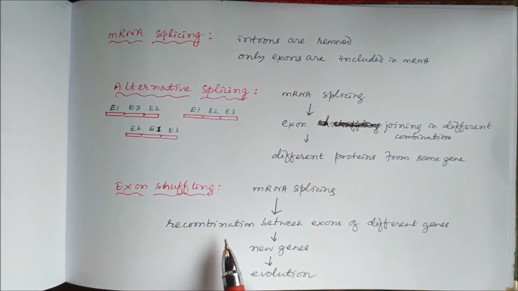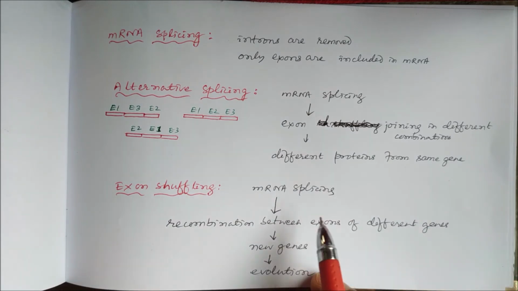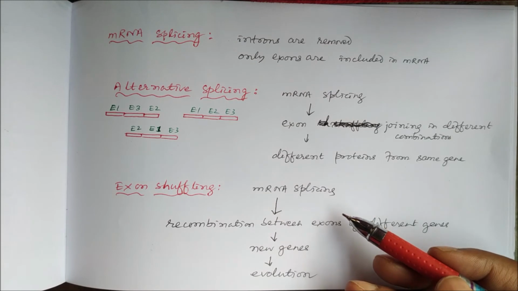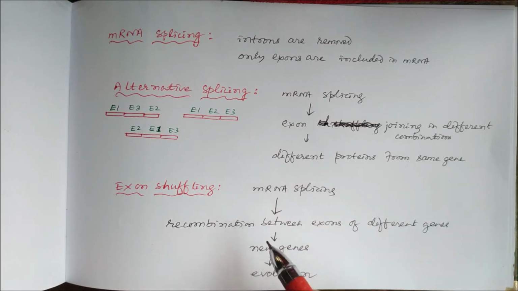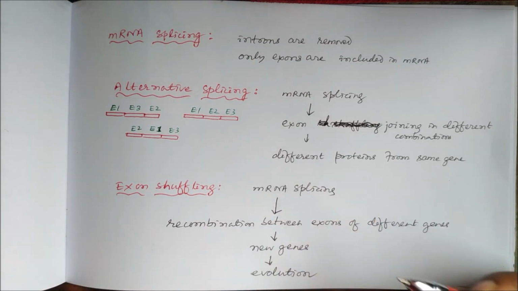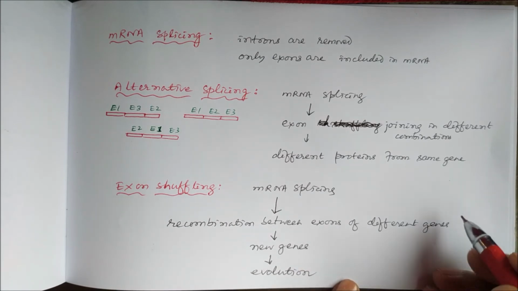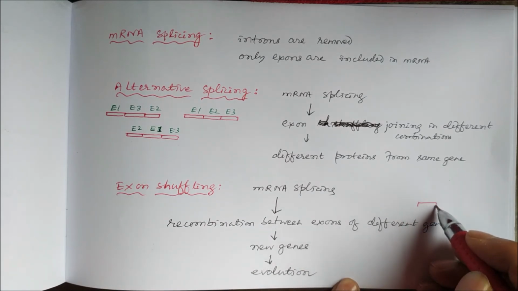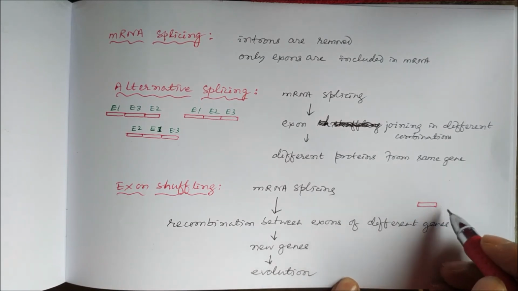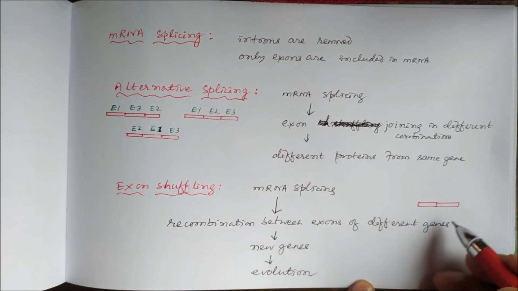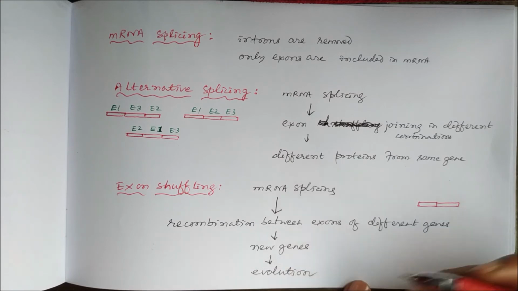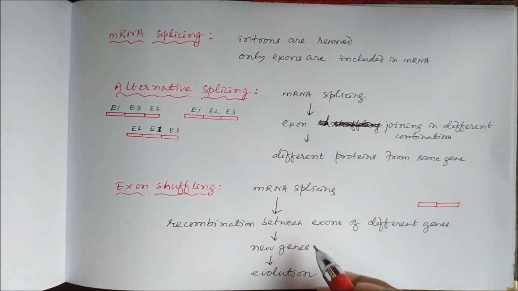But when recombination between exons of different genes occurs after mRNA splicing, suppose one exon from one gene and another exon from another gene, that will provide us a novel gene, a new gene, and that is the basis of evolution.